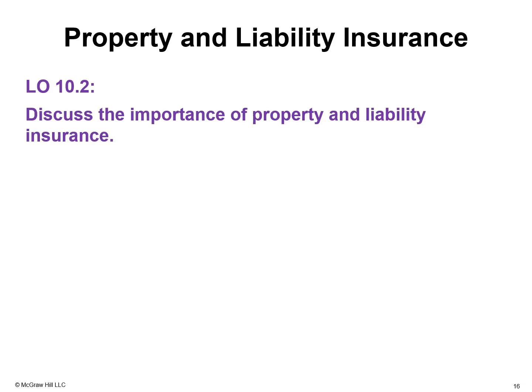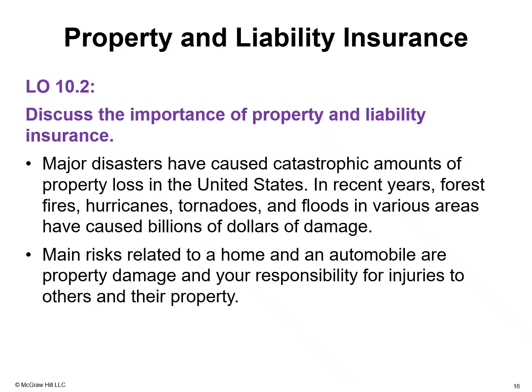So it's a pretty easy thought there. Property and liability insurance: major disasters have caused catastrophic amounts to be lost. Hurricanes, fires, tornadoes, floods. When you think back to last year or 2 years ago with the big fires in California, when they finally could get in there and look, and the one in Hawaii too, I can remember thinking, sometimes of the houses there was nothing there but the baseboard floor plans.